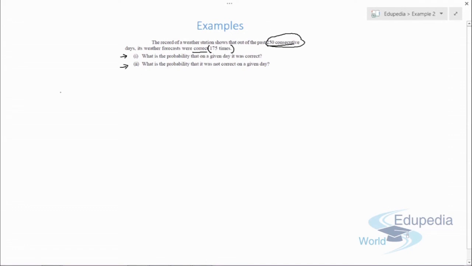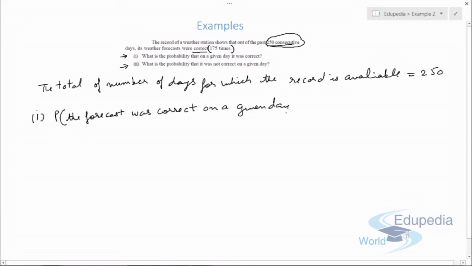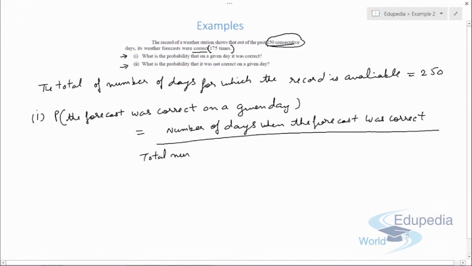First of all, the total number of days for which the record is available is 250. For the first question, we can write P(the forecast was correct on a given day) equals the number of days when the forecast was correct upon the total number of days for which the record is available.